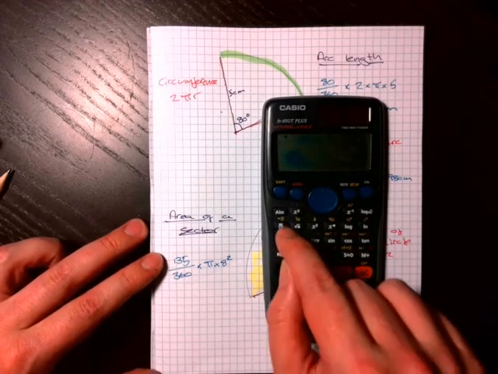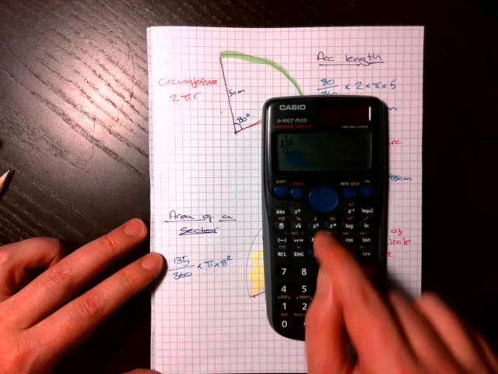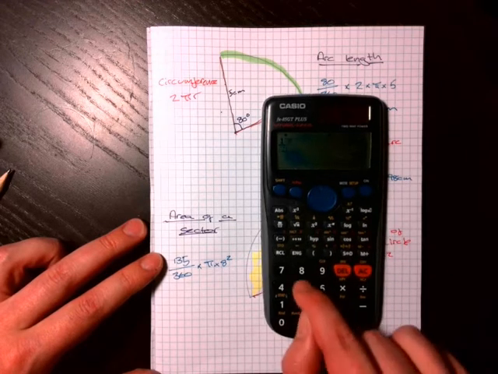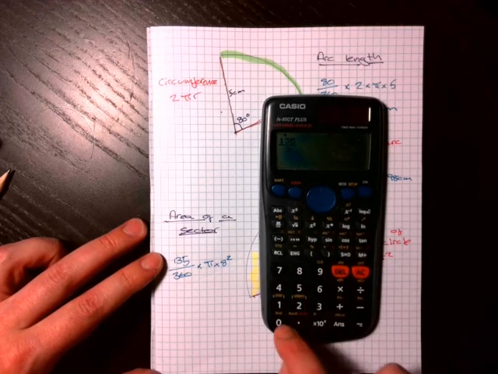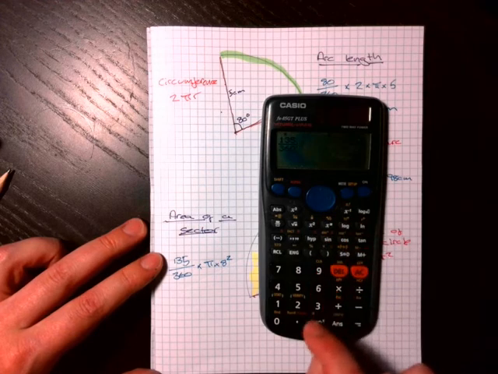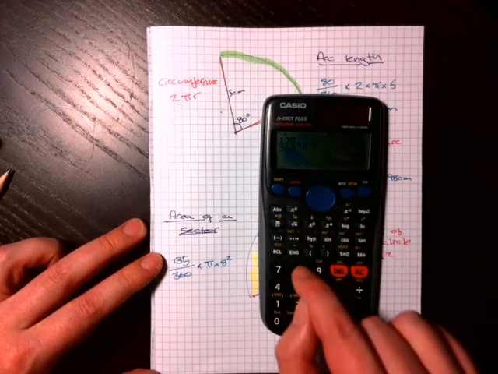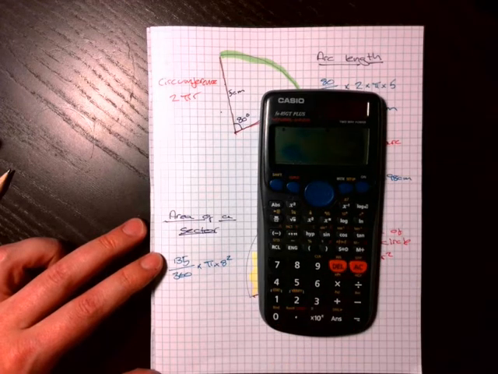So fraction button, 135 over 360 times by pi, shift bottom middle button, times by 8 squared.